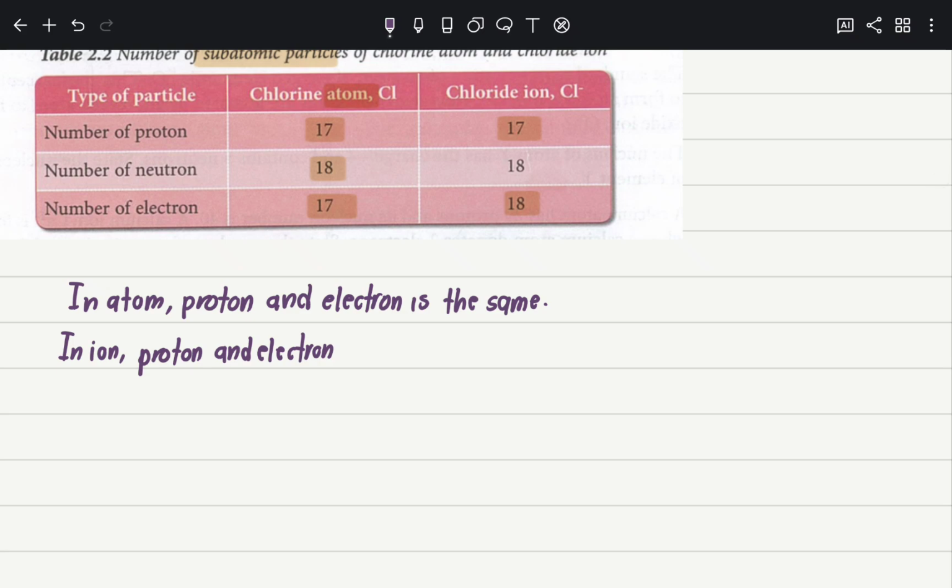But the one that remains, whether atom or ion, is that proton and neutron will always be the same. The changes only occur in electron.